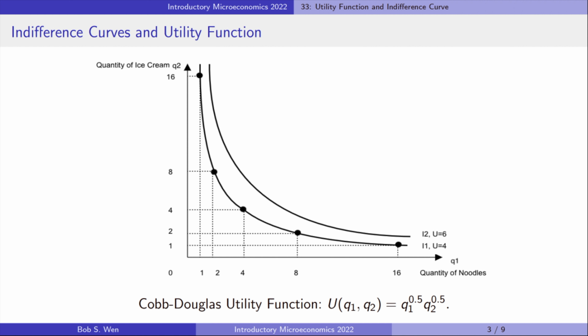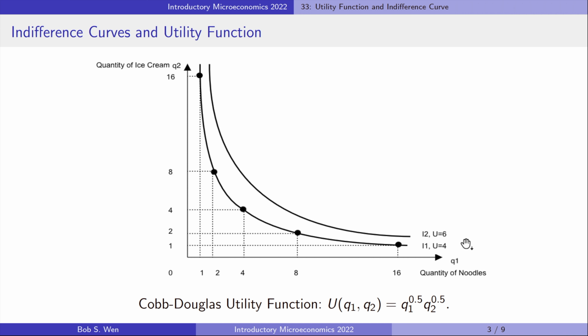I1 is for the utility value of 4. It includes any Q1 and Q2 bundles such that Q1 times Q2 equals 16, such as the bundles (4, 4), (2, 8), (8, 2), (1, 16), and (16, 1).